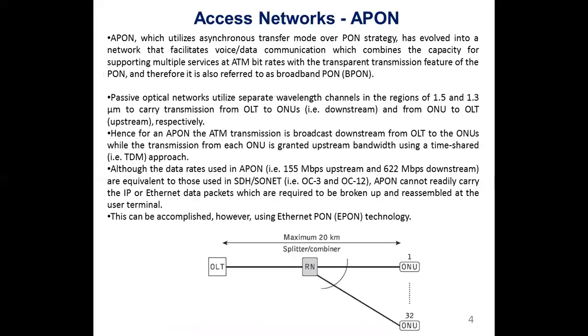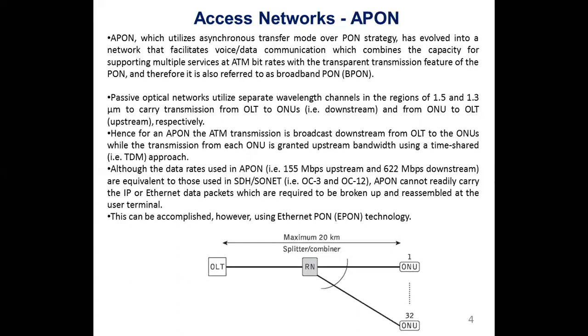So we have the ATM PON. It utilizes asynchronous transfer mode, that is what ATM is, over a structure of the passive optical network. And this will facilitate both voice as well as data, and it will combine the capacity for multiple services. But the bitrate is basically the ATM bitrate, and it is also referred to as the broadband passive optical network, or BPON.